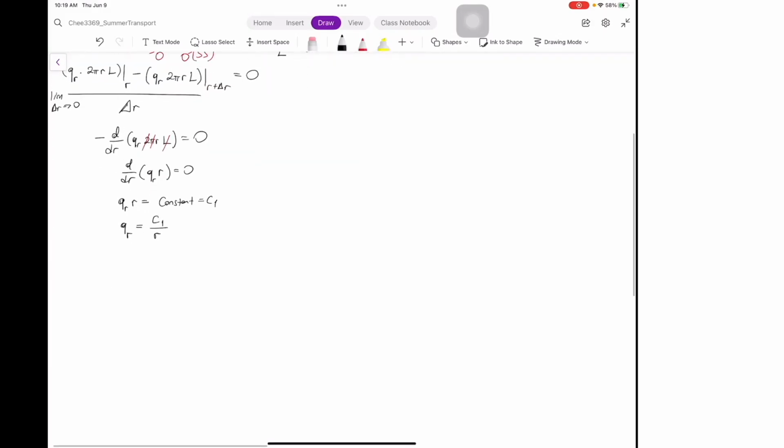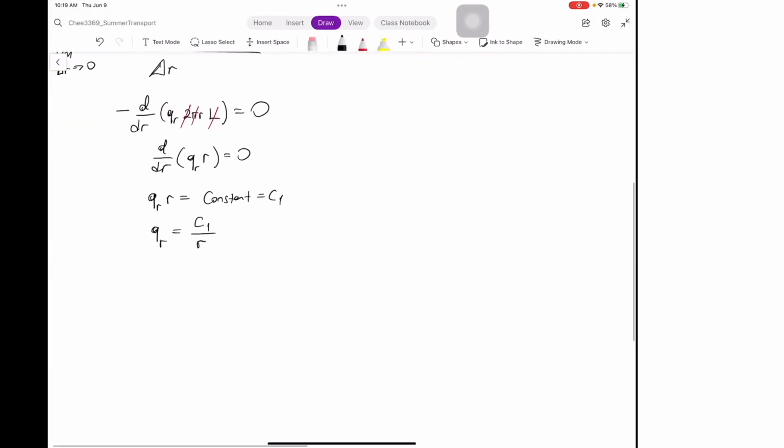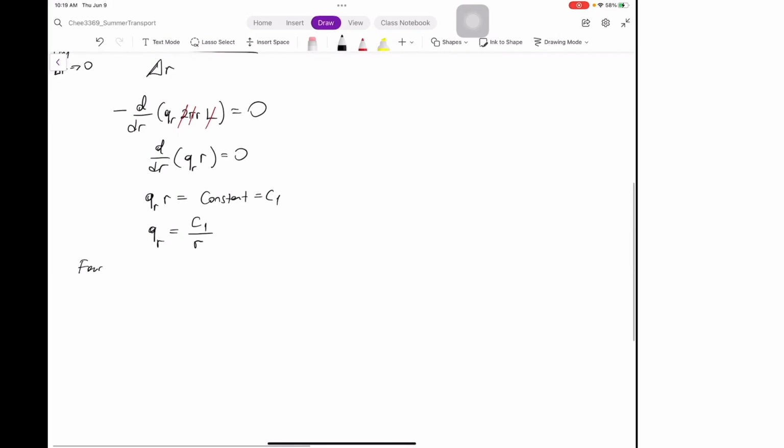And you can write down Fourier's law to find out the temperature distribution.